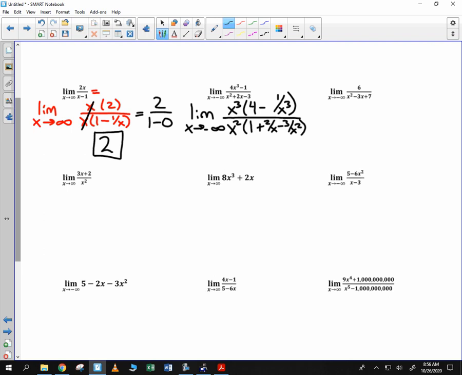Hopefully you're used to it by now that if you see any term in the denominator like that, if you're headed towards infinity, they will in fact go towards 0. So those are all gone. And the x cubed over x squared will just reduce to x. Notice you get 4x over 1. Now remember to plug in a very large negative number. And if you plug in a very large negative number, the result will be negative infinity.